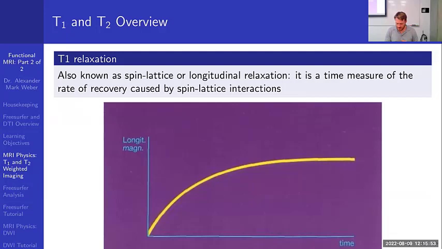This T1 relaxation is also known as T1, spin lattice, or longitudinal relaxation. It measures this recovery caused by spin lattice interactions, which I'll talk about in a second. The relaxation looks like this, whereas with T2 decay you lose signal, in T1 we are gaining signal.